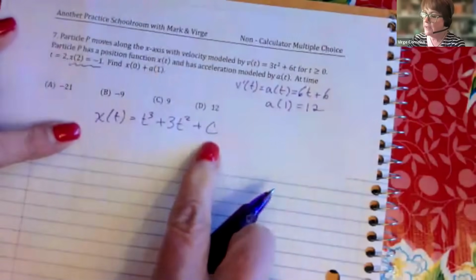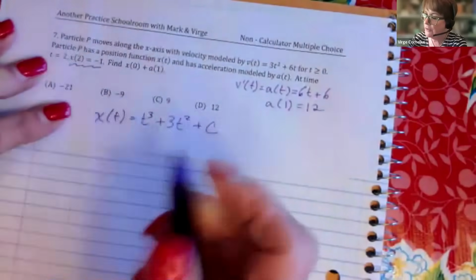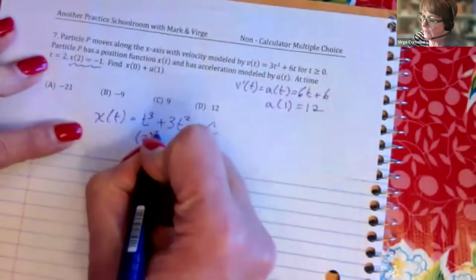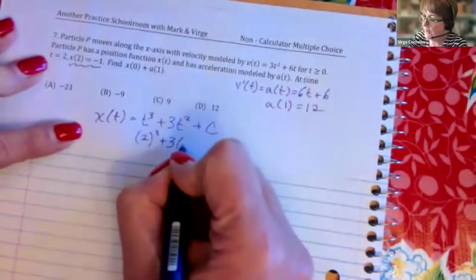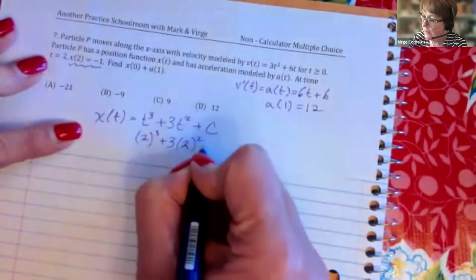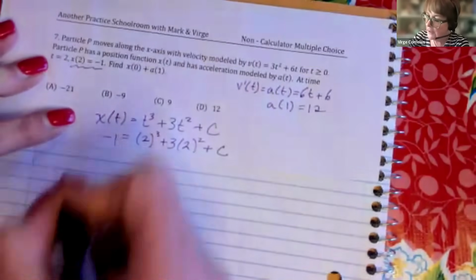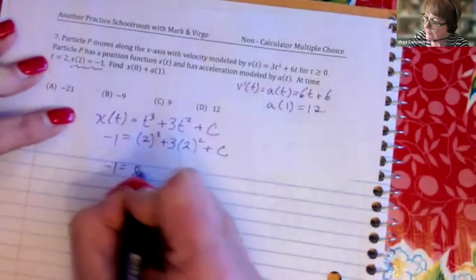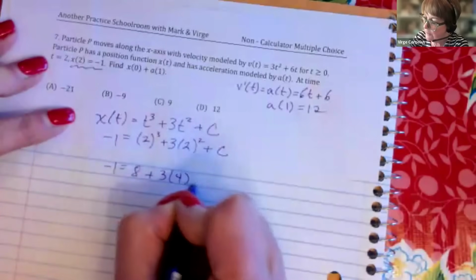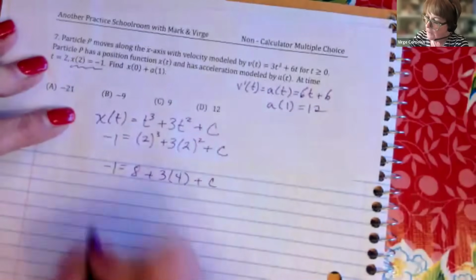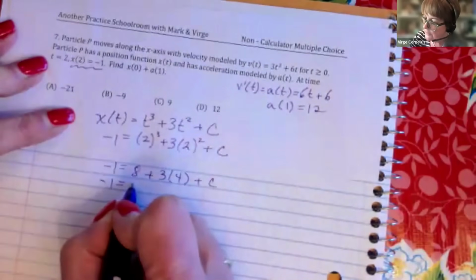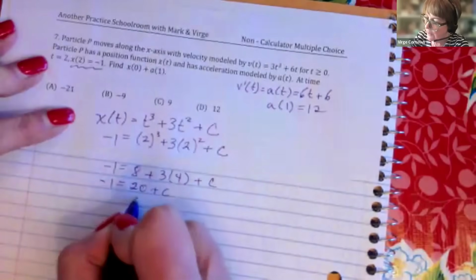We're going to find that c value by substituting 2 in for t and then setting the whole thing equal to negative 1. Okay, so negative 1 equals 8 plus 3 times 4 plus c. If I did this correctly, c is negative 21.